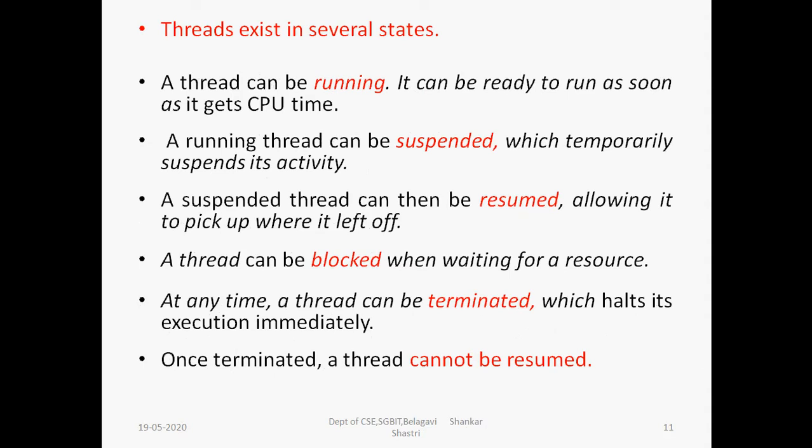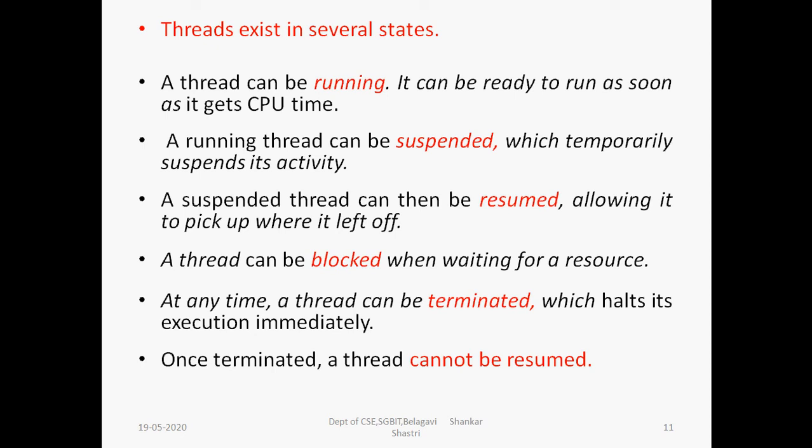There are several thread states: running state, suspended state, resumed state, blocked state, terminated state. Running state means the thread is ready to run as soon as it gets CPU time. The thread is ready to run, but it is waiting for CPU time. A suspended thread means the thread temporarily suspends its activity because it is waiting for some user input, or waiting to open a file, to read a file, or for some network configuration.